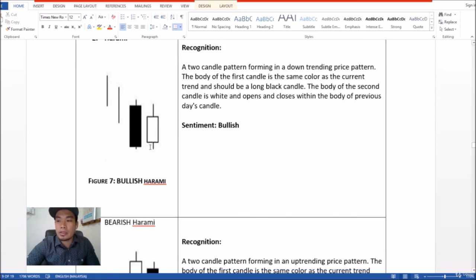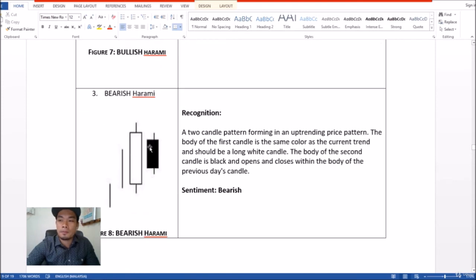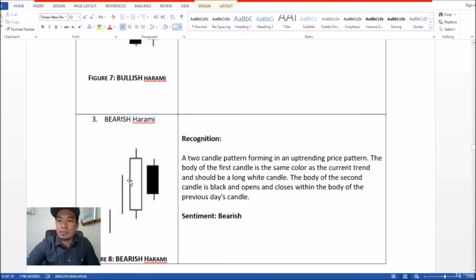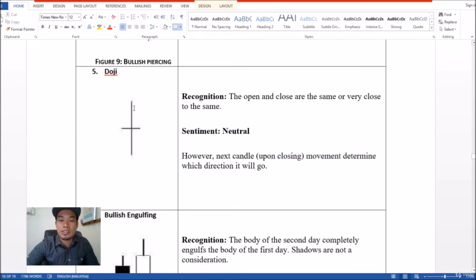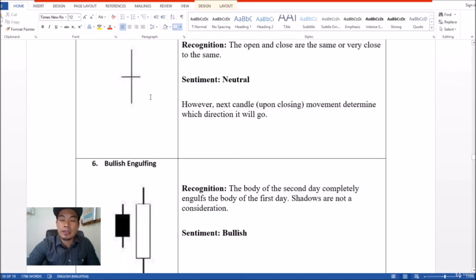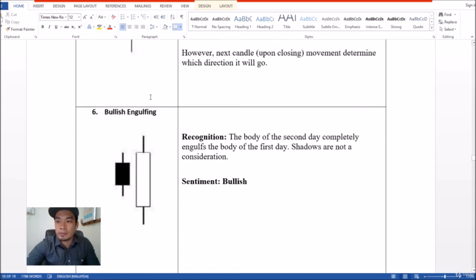So you can see that we need at least two here. For doji, we need one, and to confirm, we need one more candle, to confirm either it would be an uptrend or downtrend.